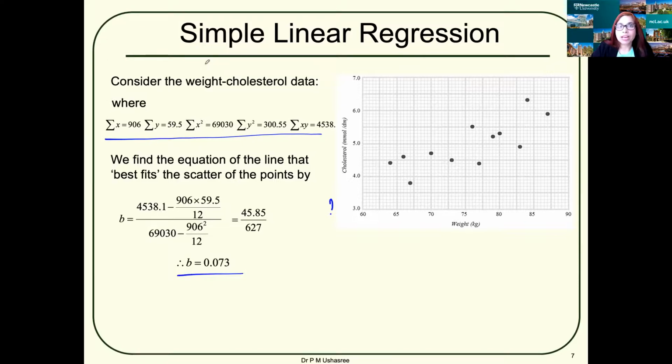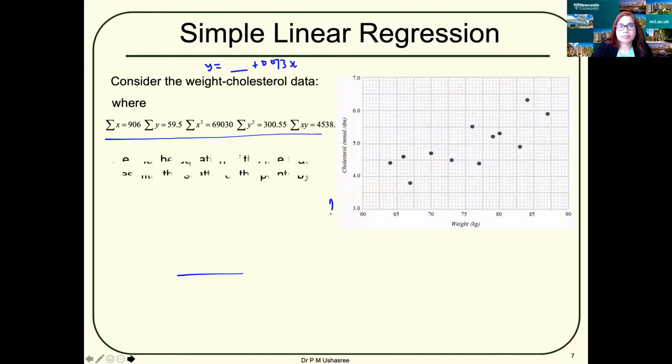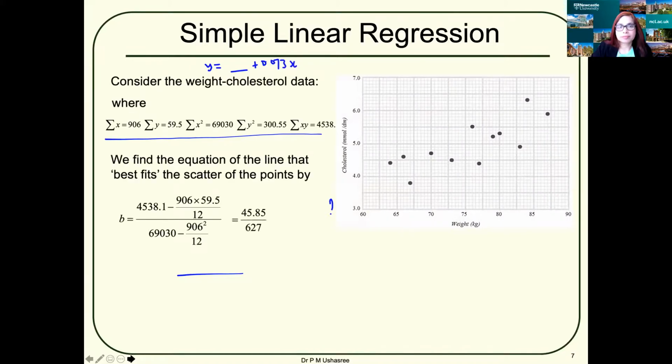So you get y is equal to, now you have to find the A value because you don't know A, plus 0.073 x. So let's find the A value. Let's use the formula. Why don't you try that? Use this formula to find the A value. Good.